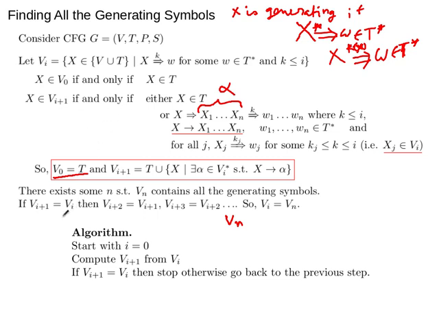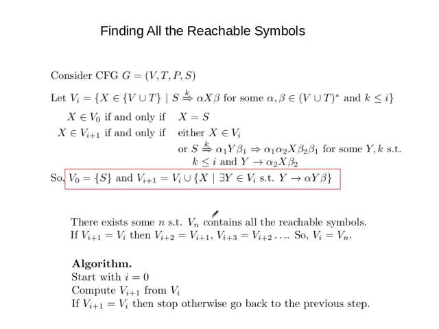At some point you see that at some step you are not getting any new generating symbol, and once you have that, you know that you have discovered all the generating symbols, because if there were any generating symbol, you are bound to discover some of them. If you are not discovering anything new, that means you have reached this Vn which contains all the generating symbols, and that is how you find this.